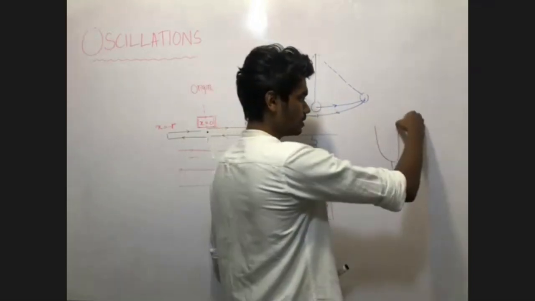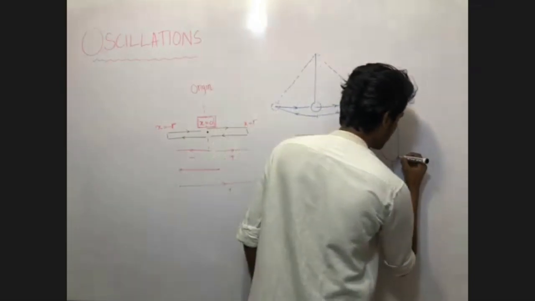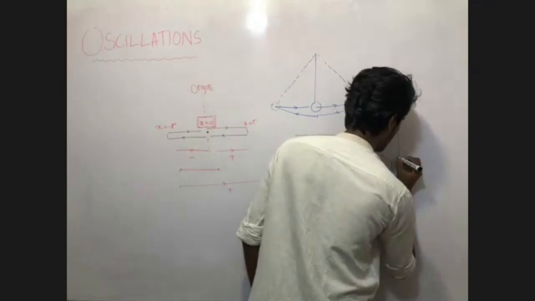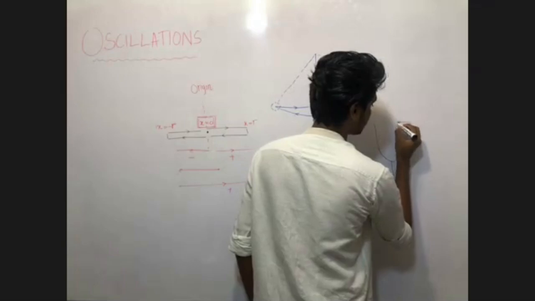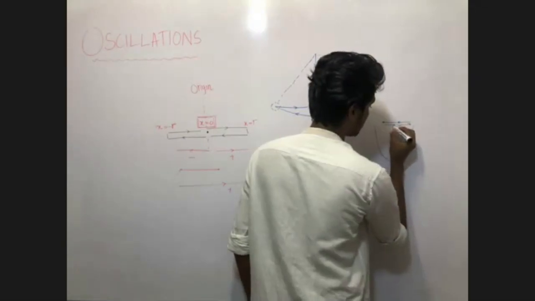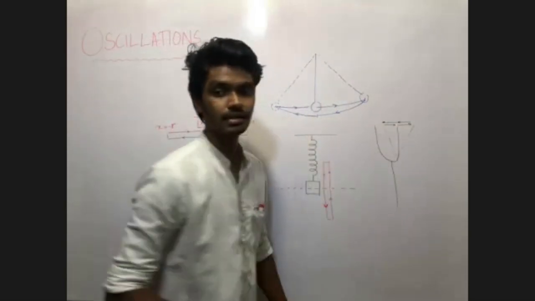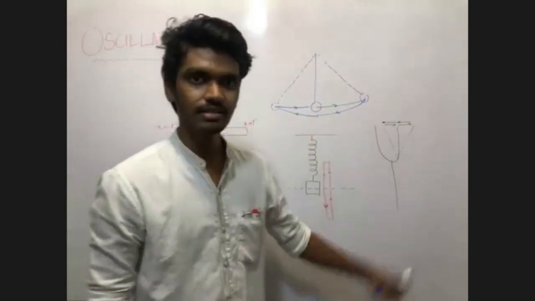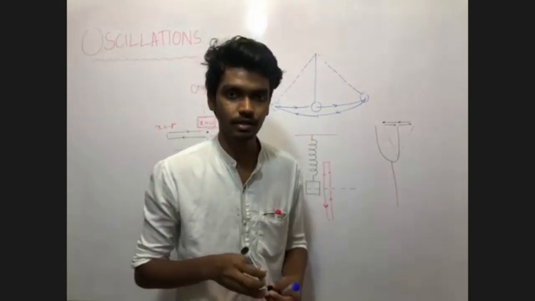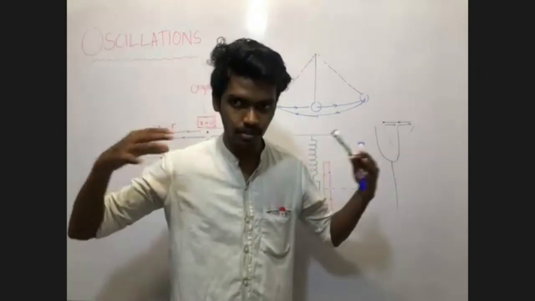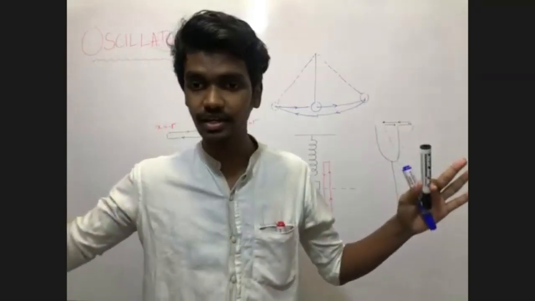If you make a small vibration in one arm, it will start vibrating in this direction. Even that oscillation is a very simple oscillation and can be considered as a simple harmonic motion. So you need to know what kind of motions can be considered as simple harmonic motions. Have the general idea.